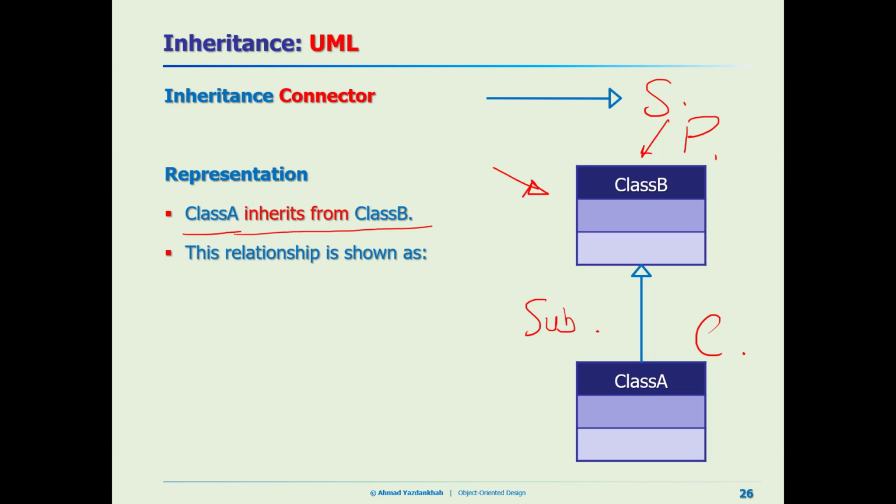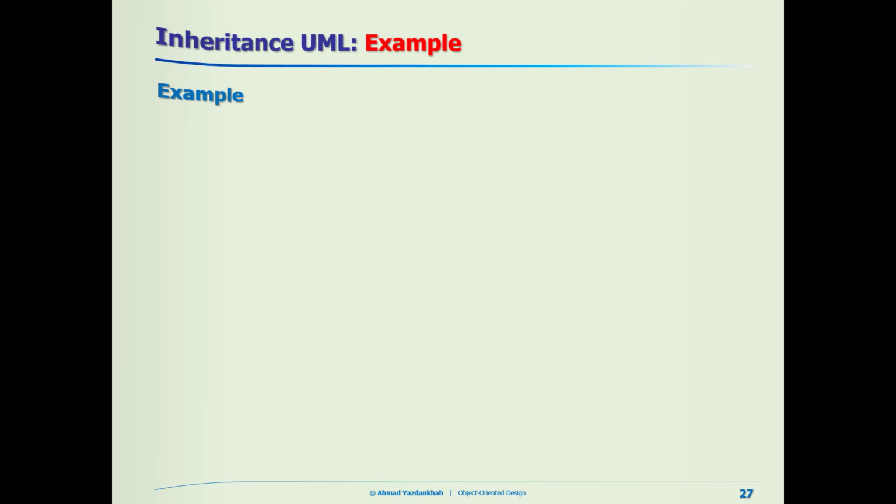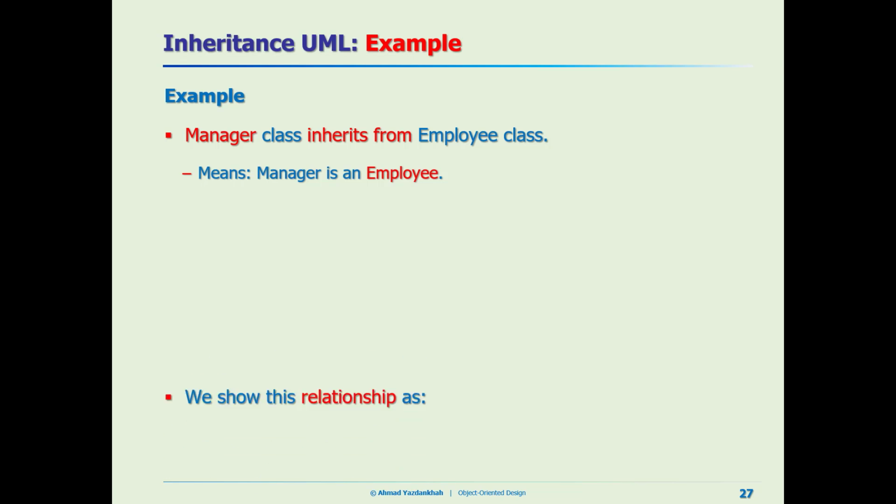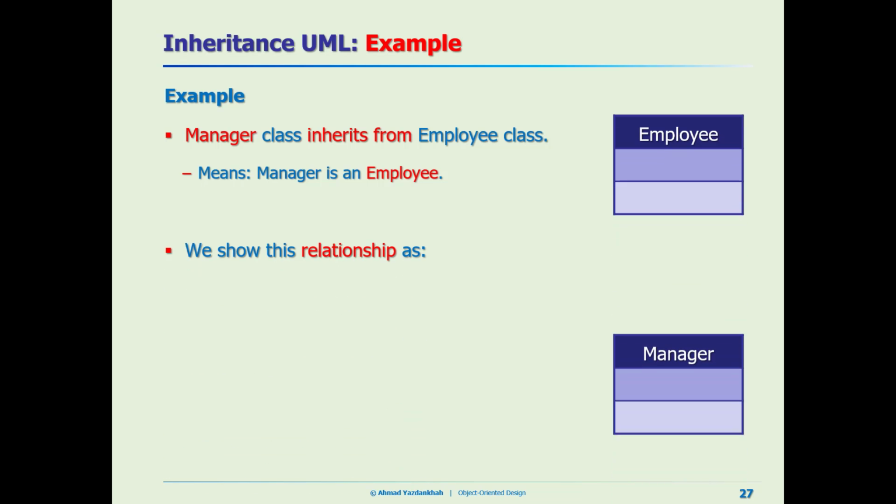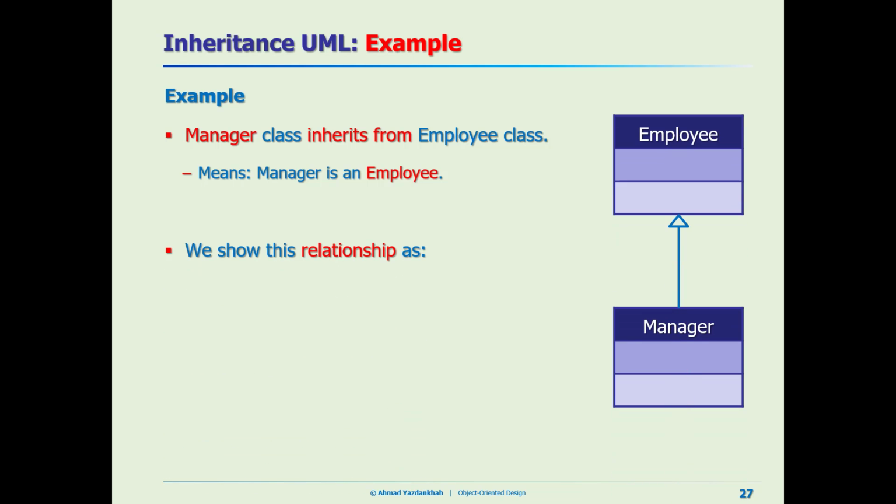All right. So for our employee and manager classes, we have the same thing here: employee, manager. And note that the tip of this arrow is pointing to the parent.